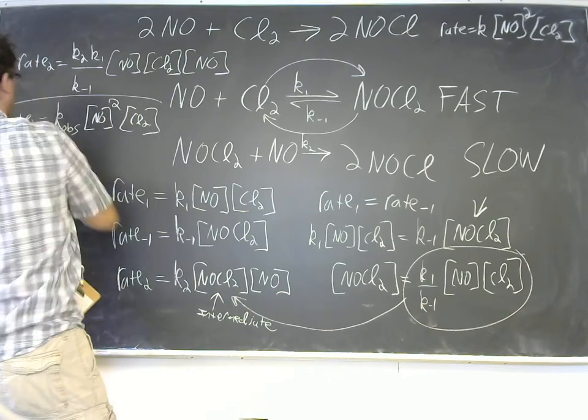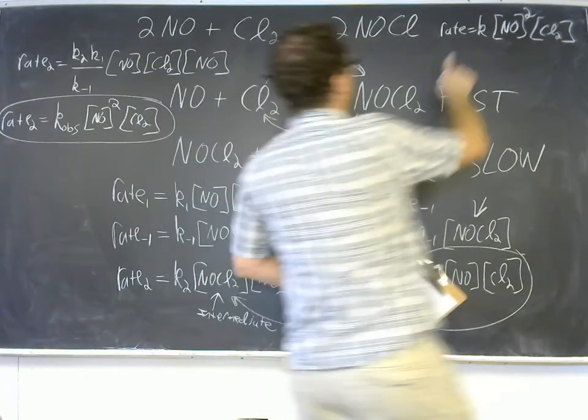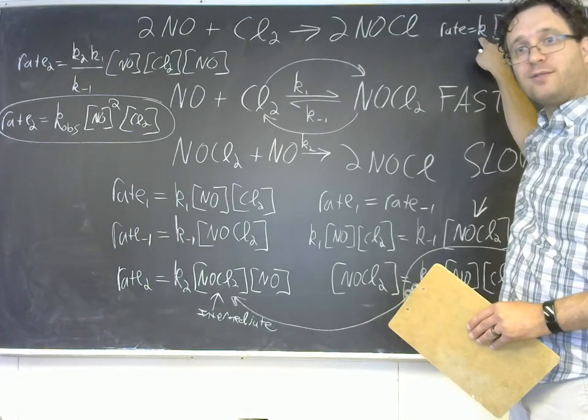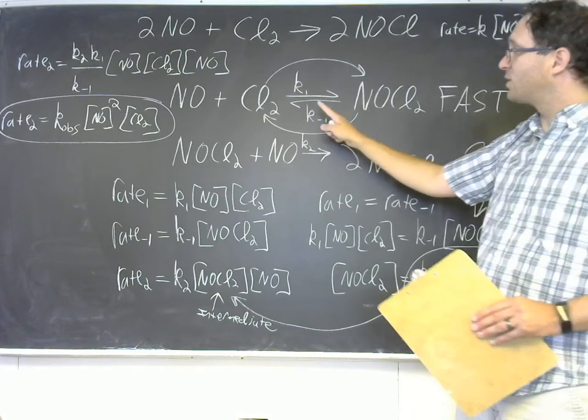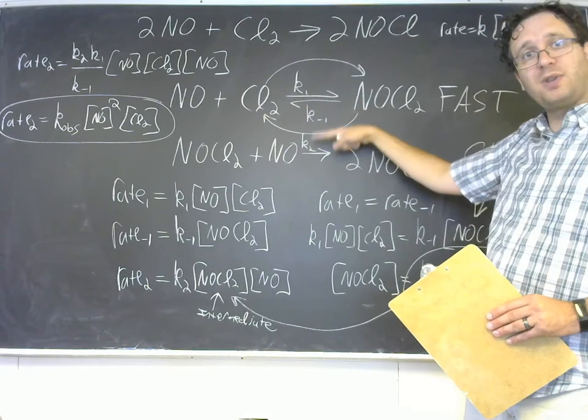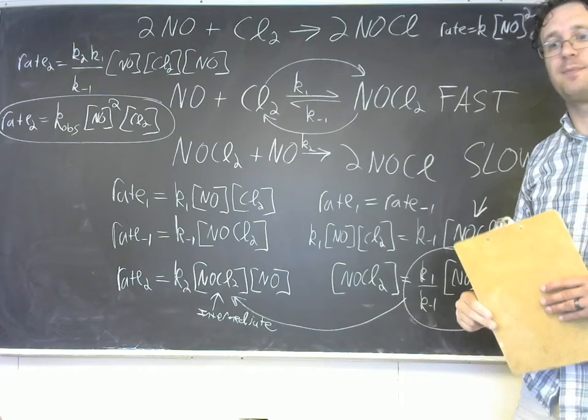Well, now look at this. That rate law does match what we observe. And so this third order overall rate law is actually predicted and explained by this sort of mechanism.